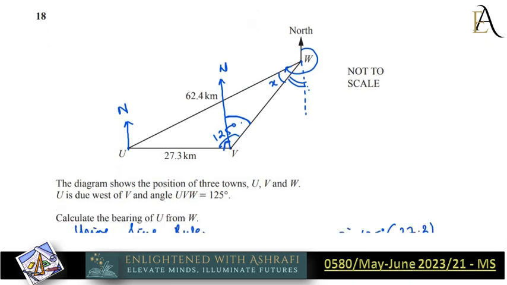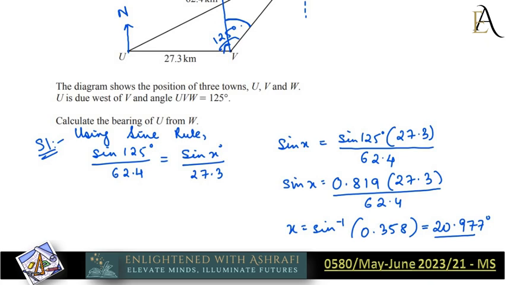So my step 2 says that 125 minus 90 is equal to 35 degrees.